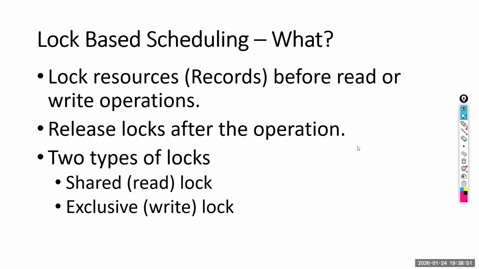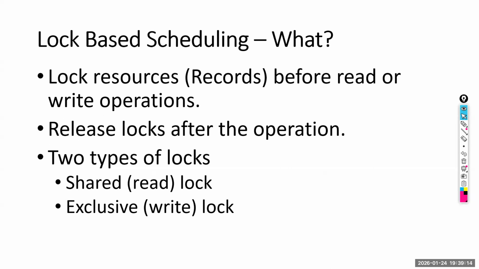Okay. So in log-based scheduling, I'm not explaining how it is done. I'm just giving you a little bit of an idea about that. We log before a particular action is done. Say there's a write operation on a particular record.